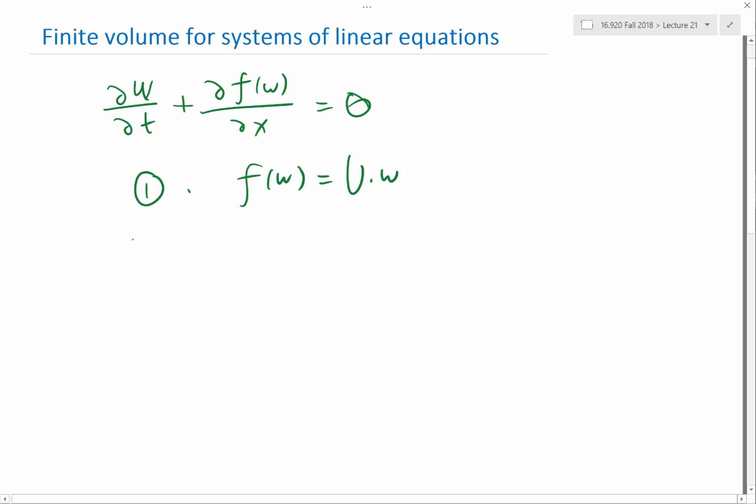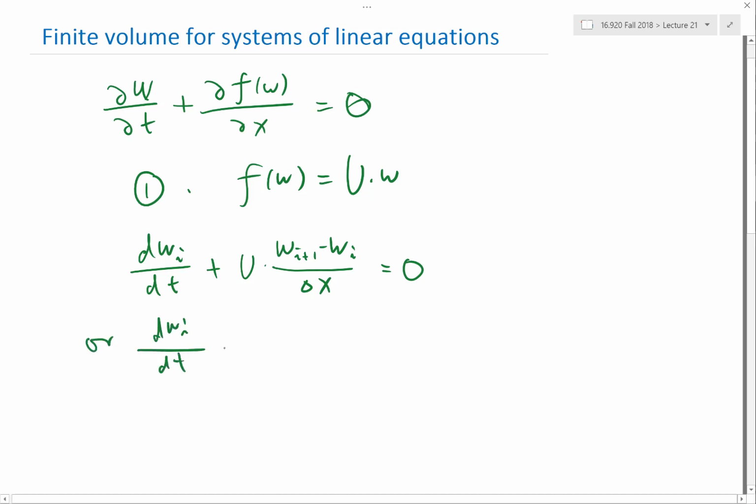The upwinding for this case is dw_i/dt plus u times, two cases: it's either (w_{i+1} minus w_i) divided by delta x, or dw_i/dt plus u (w_i minus w_{i-1}) divided by delta x equal to 0.